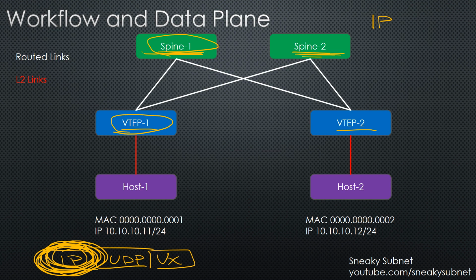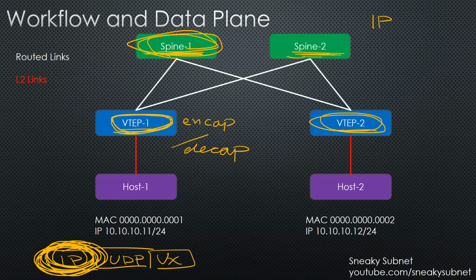From a very basic standpoint, again, we have a clear separation between our physical devices. This guy is VTEP, this guy is VTEP. Again, they do encap and decap of VxLAN, encapsulation and decapsulation. And these guys, they just forward IP traffic.